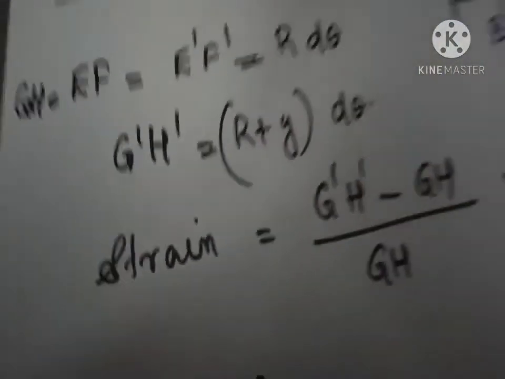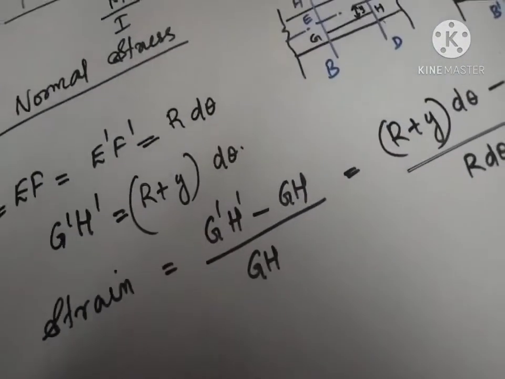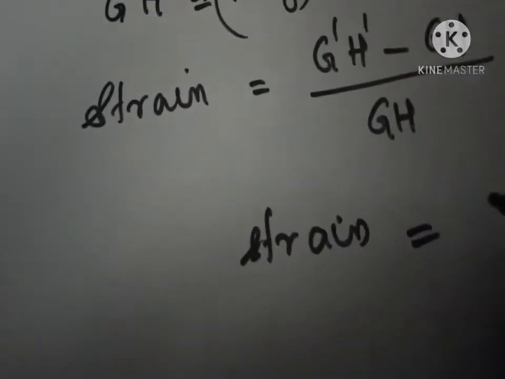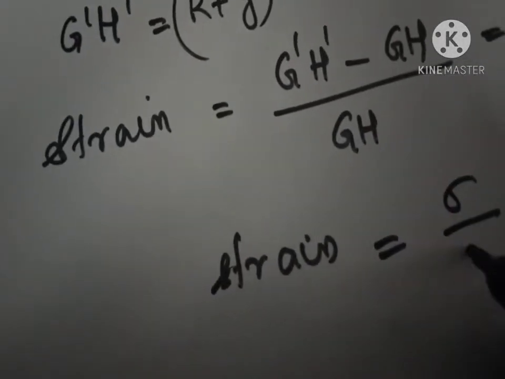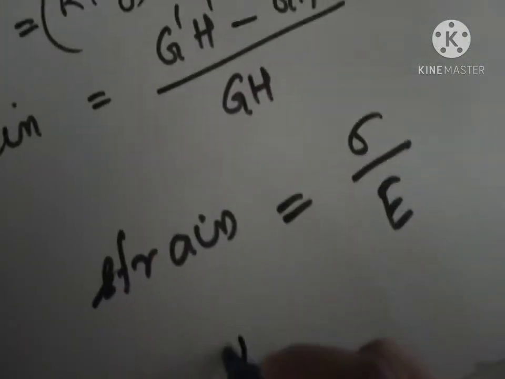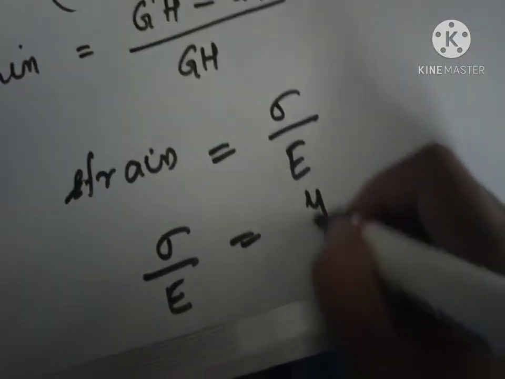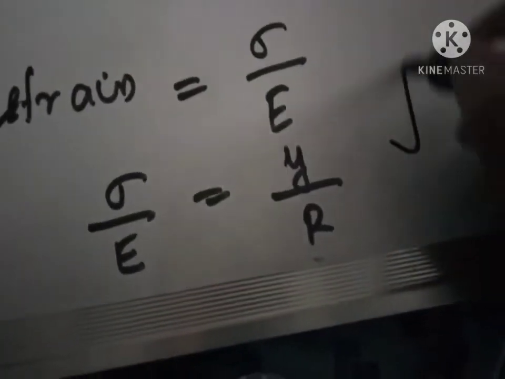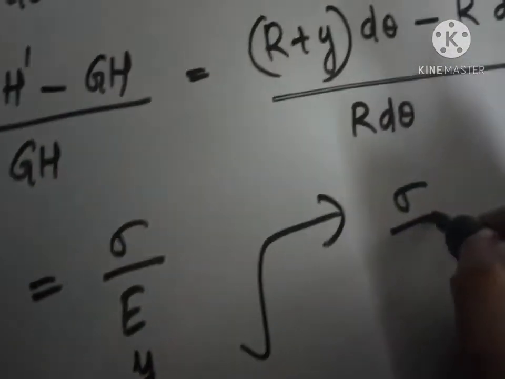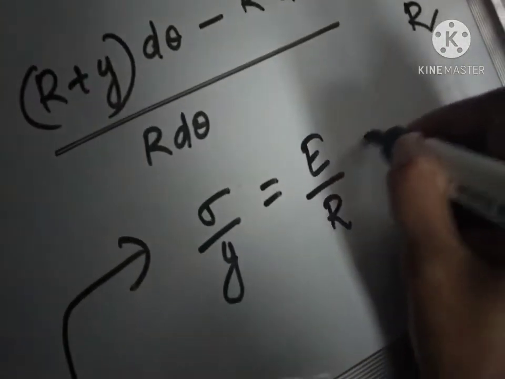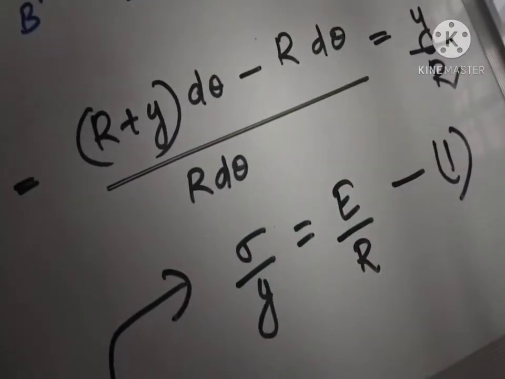Similarly, we know strain in terms of stress and modulus of elasticity is sigma by E. So from 1 and 2 we can write sigma by E is equal to Y by R, from which you can write sigma by Y is equal to E by R. That is the first form of the equation.